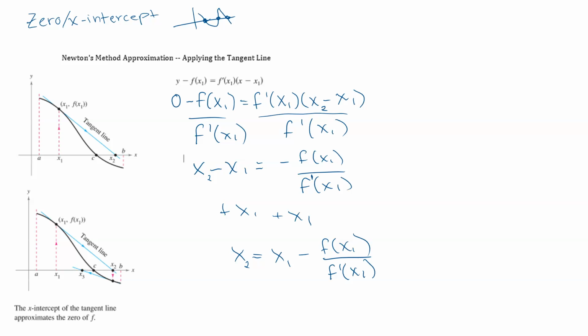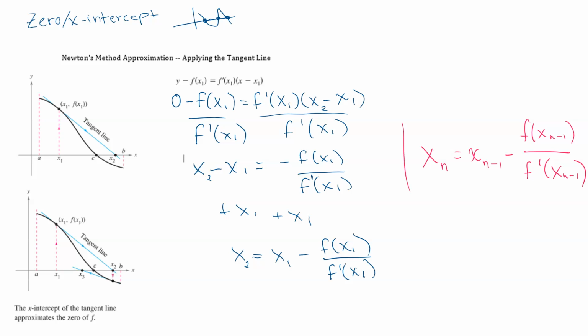But if we wanted to write it generally, we would say x sub n is the same as x sub n minus 1 minus f of x sub n minus 1 over f prime at x sub n minus 1. Generally speaking, we're going to repeat it until our zeros are fairly close to each other. The problems will sometimes define how close they have to be, but for now, it's important for us to understand the process.